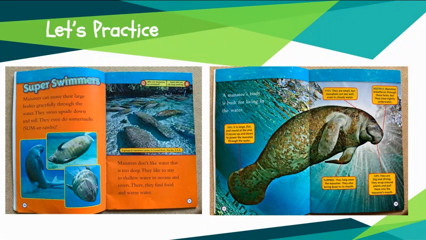And if I look at the diagram, it talks about the parts of their body. The tail is large, flat, and round at the end. It moves up and down to power the manatee through the water. The eyes are small, but manatees can see well, even in cloudy water. The nostrils. Manatees breathe air through these holes, but they close tightly underwater. The lips. They are big and strong.